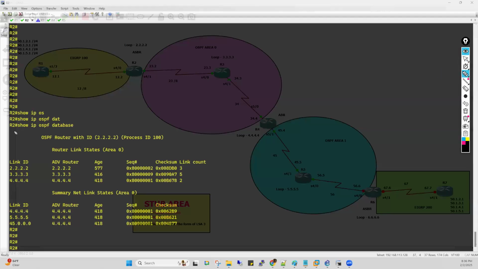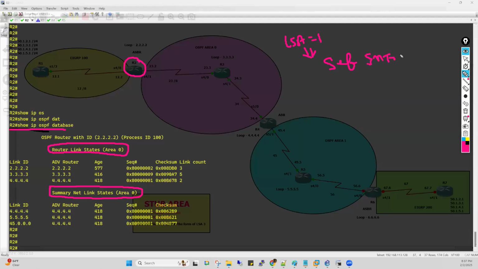When I write the show IP OSPF database command here on router number 2, I am getting one LSA, that is router LSA. The second LSA is called summary LSA. Router LSA means LSA number 1. What do you mean by LSA number 1? LSA number 1 is nothing but self introduction.